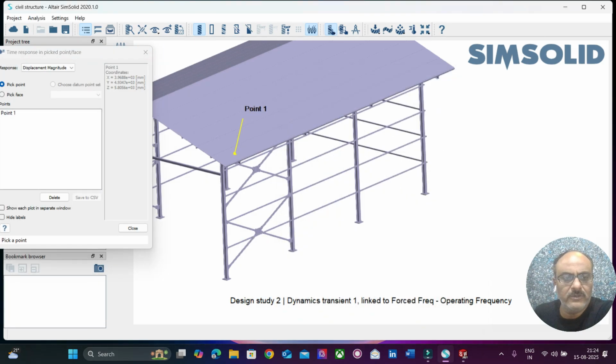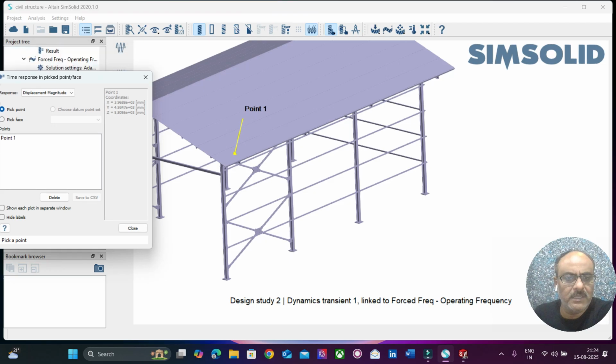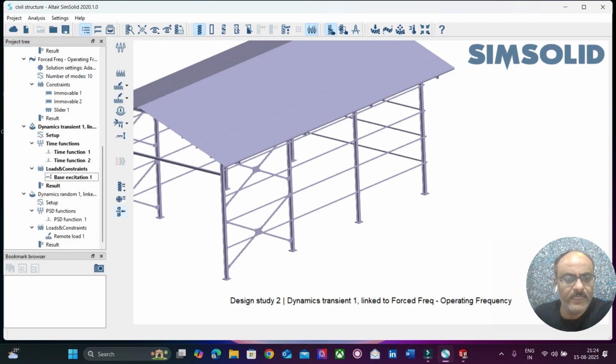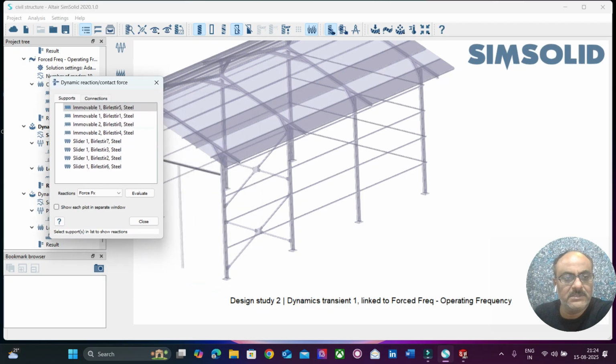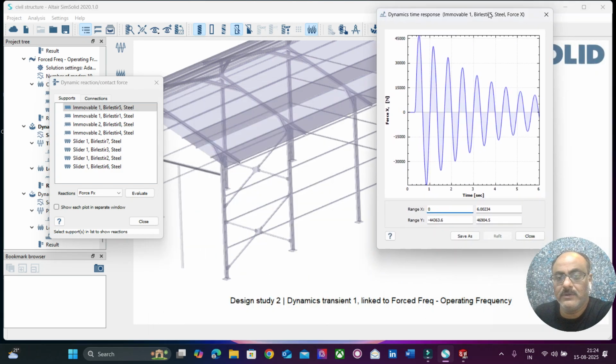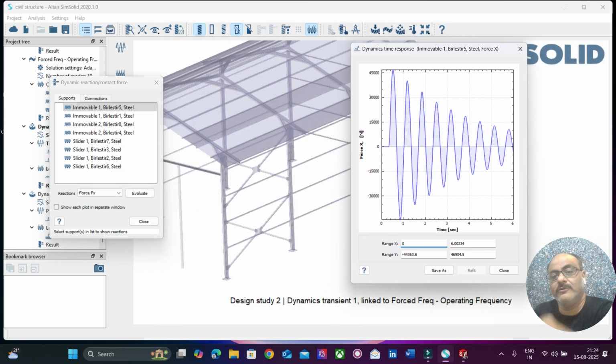So we can also find out what the forces are. So the immovable joints, this is how the forces as a function of time, f of t, act.